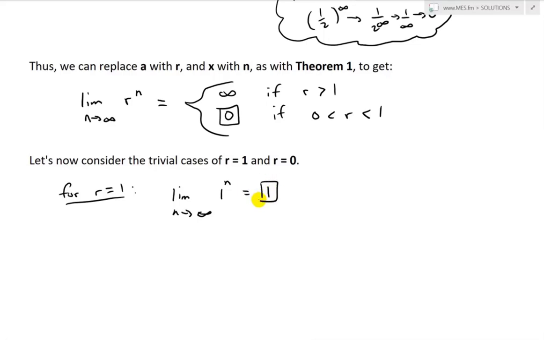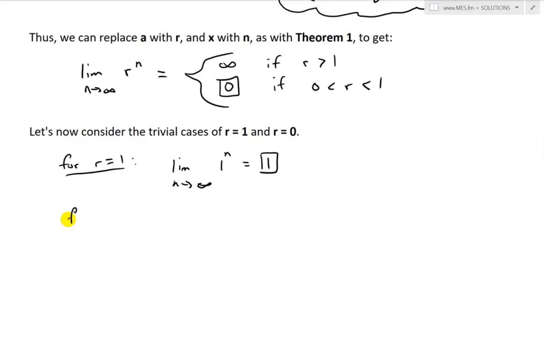So that is convergent as well, so we have a value there. And for the other obvious one, r equals 0, we get the limit as n approaches infinity of 0 to the n. Well, that's still just 0, and that's also convergent. So we have this, this, and this one.